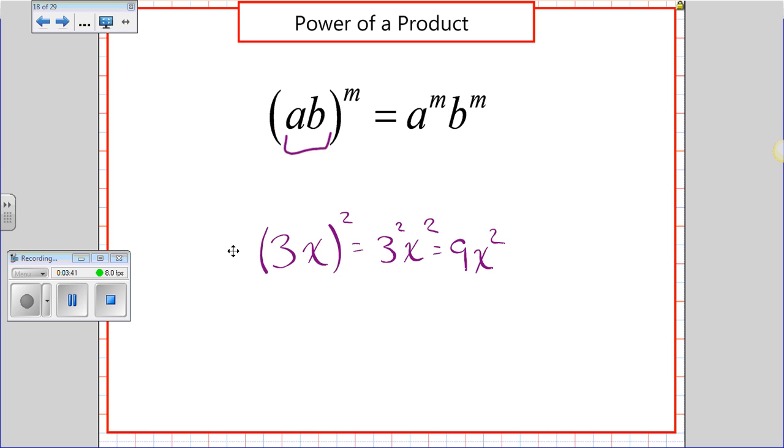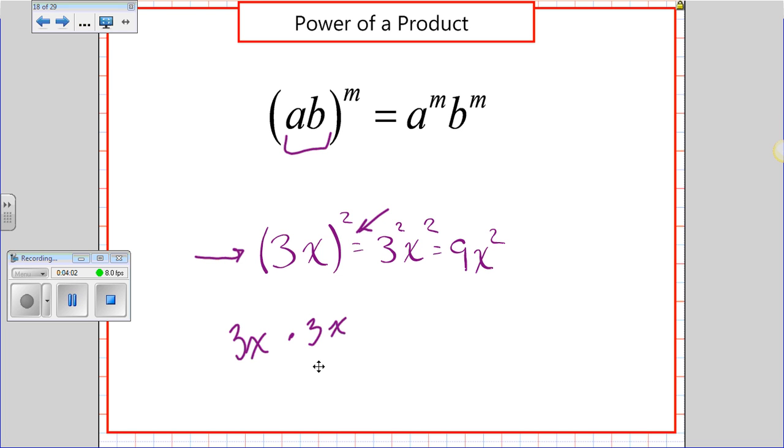What's really important to notice here is that the parentheses are enclosing the 3 and the x. So what that means is that both of those are being squared. So when you square something, it means you multiply it times itself. 3x times 3x.